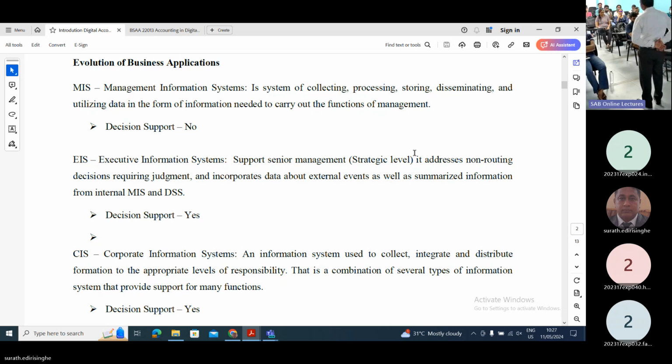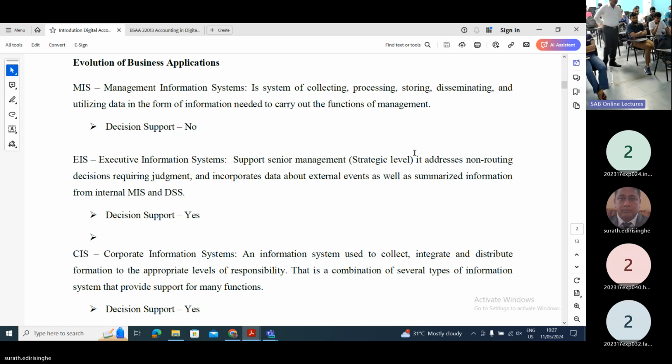The advantage of this executive information system is that it has the capability for decision making. Based on this information system, management level people generate decision making capacities.